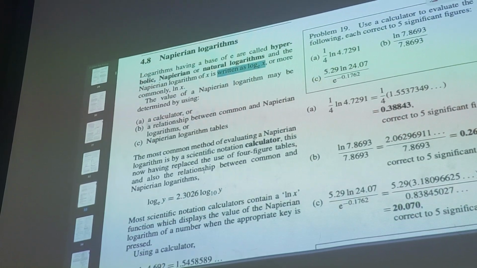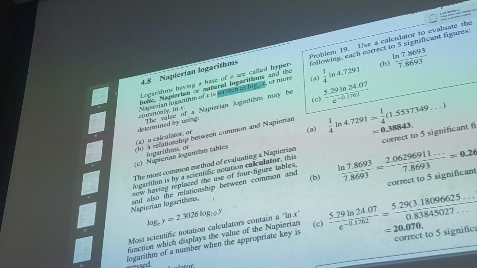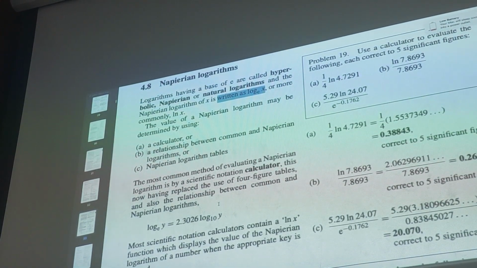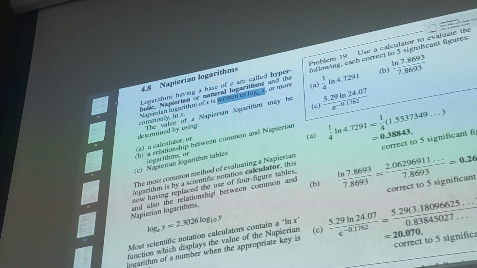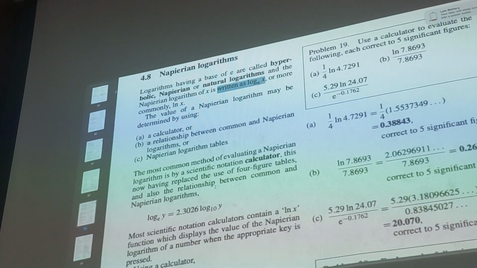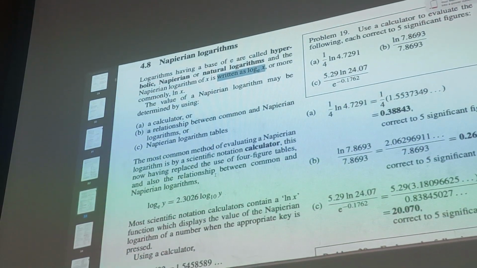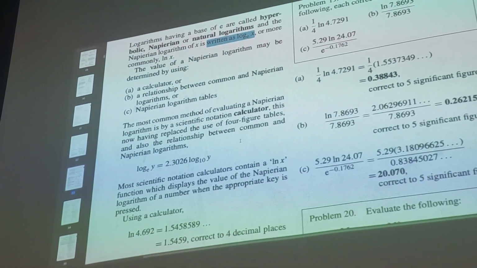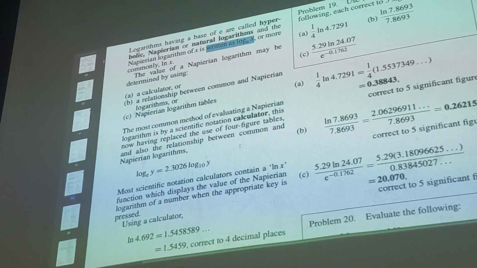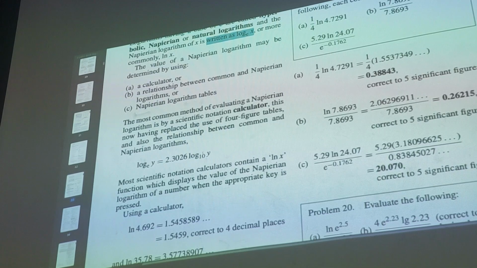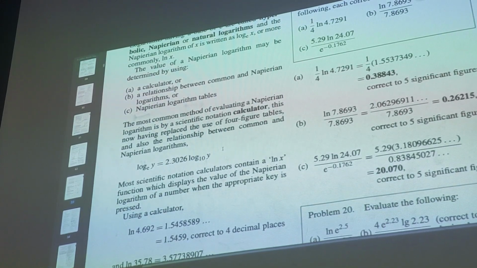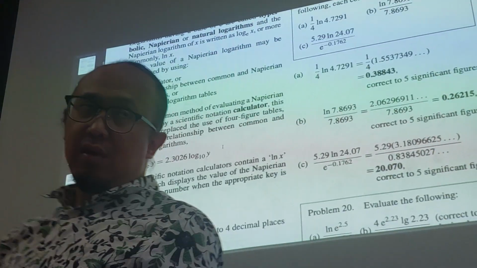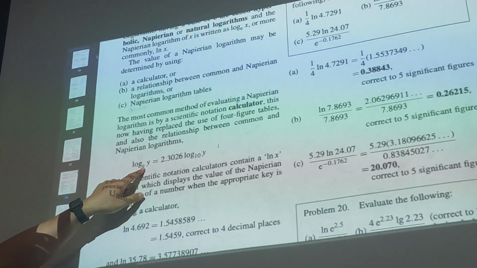For example, using 4-figure tables, we also get some relationships. Log y, ln y, because there is some Euler.